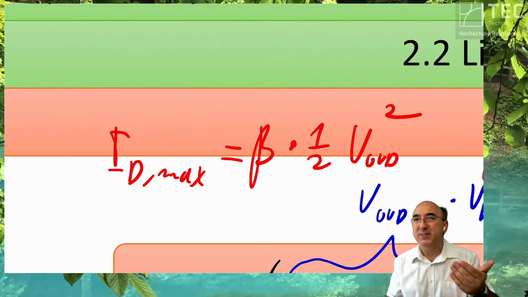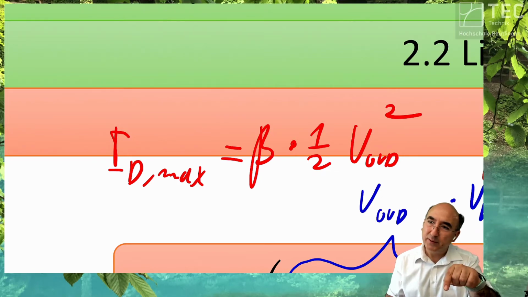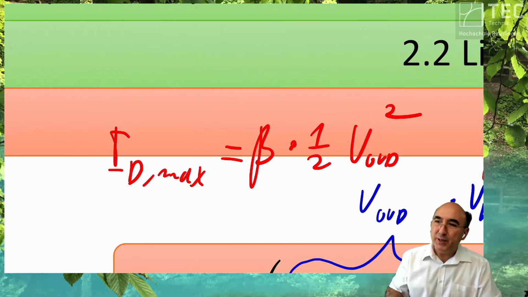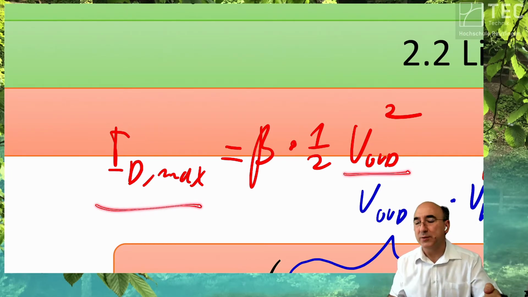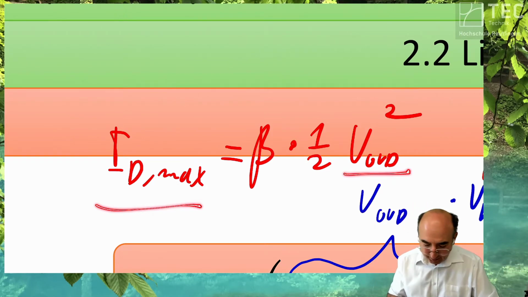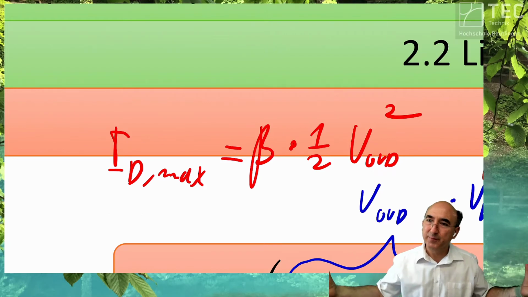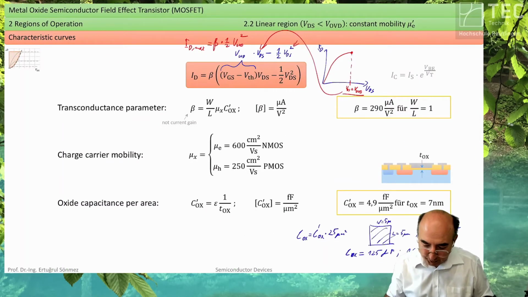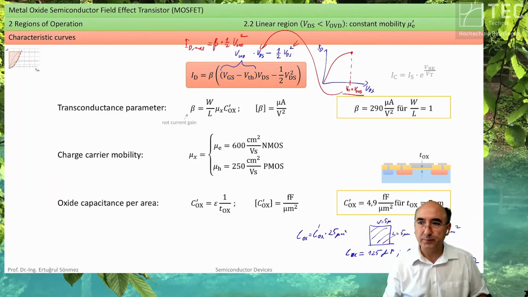But your overdrive is limited to a value where the oxide breaks down. So your current is limited by the voltage you can drive over and by the physics of the limits of your area.